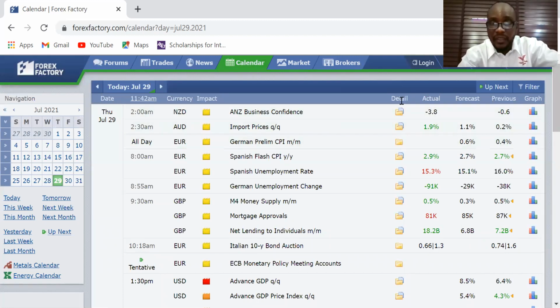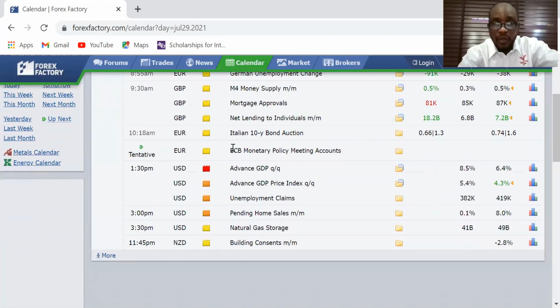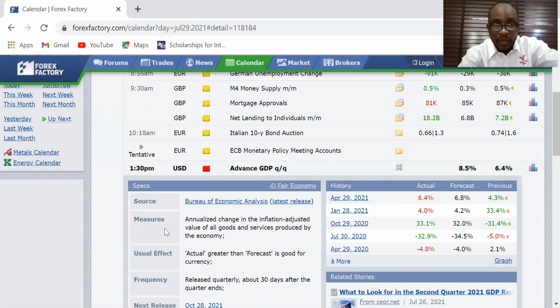The detail, you can see it there. Like I said, if you scroll down to where you have a likely movement, which is the red one, you notice that it's telling you: annualized change in the inflation adjusted value of all goods and services produced by the economy, actual greater than forecast, is good for currency.